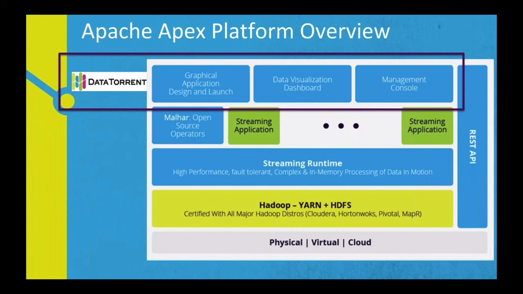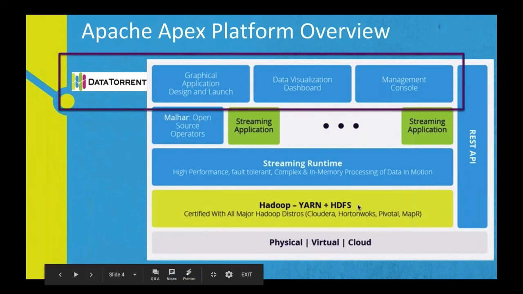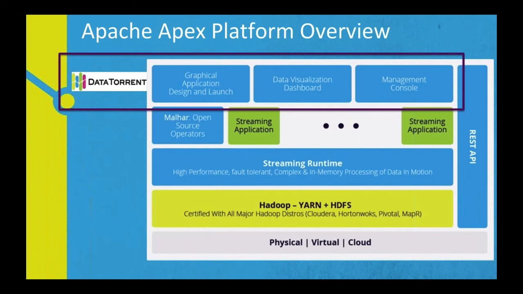This is how the Apex platform sits on top of Hadoop. You have the Hadoop YARN plus HDFS layer here. On top of it is the streaming runtime platform, which is the Apex platform. On top of the Apex platform, you can either use operators from Malhar or create your own custom operators and develop your streaming application.